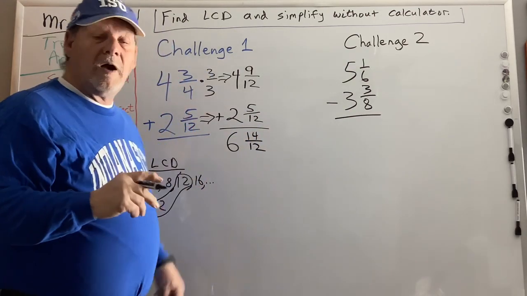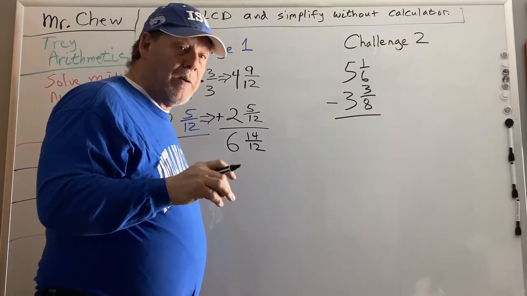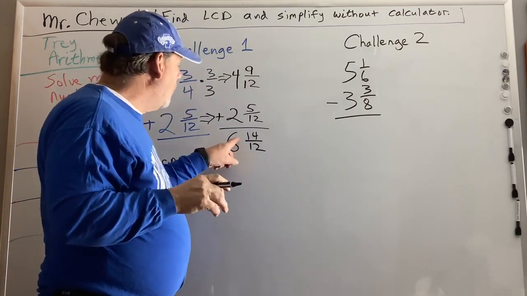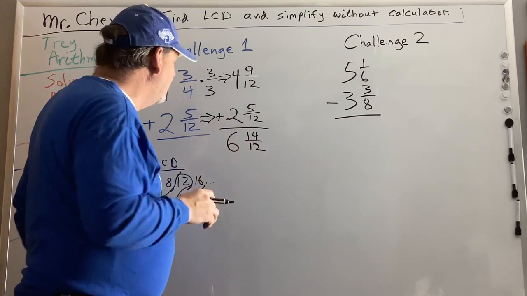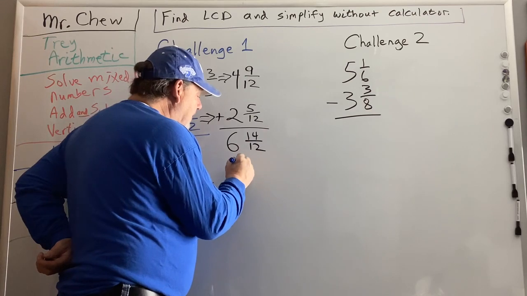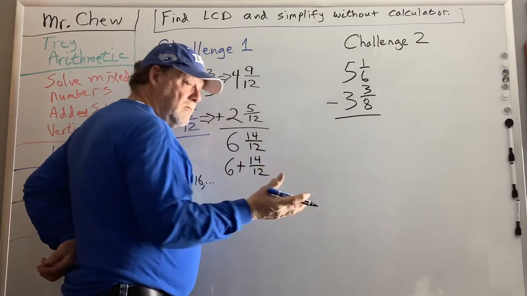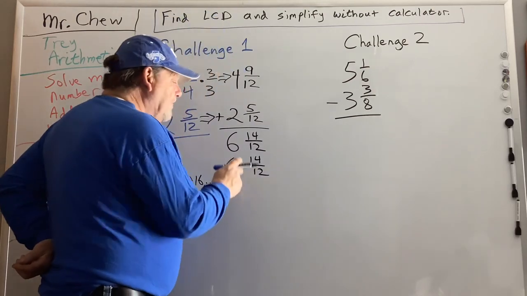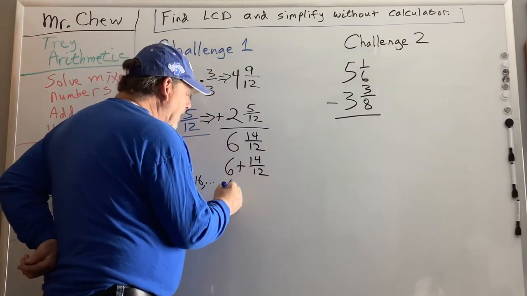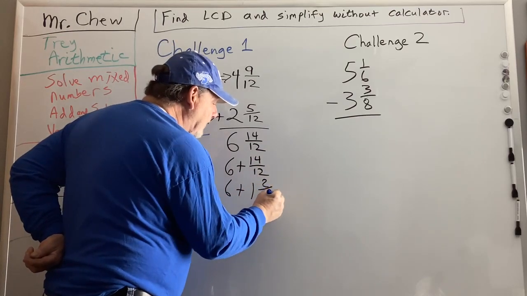Now 14 twelfths is a special fraction that is called an improper fraction. And you're going to have to change this. So 6 and 14 twelfths actually means 6 plus 14 twelfths. That's what it means. Now 14 twelfths ends up being 1 and 2 twelfths.